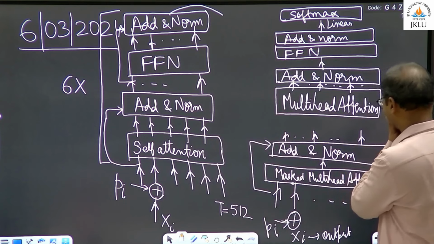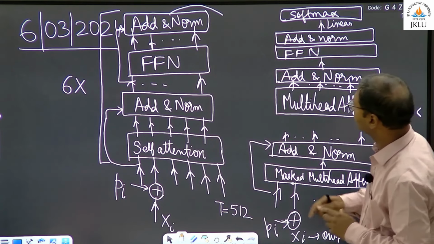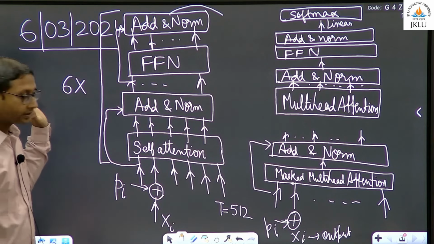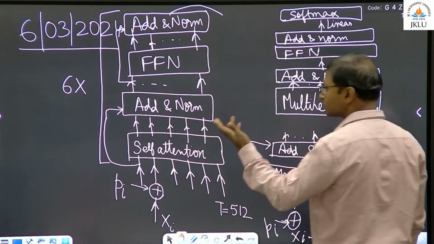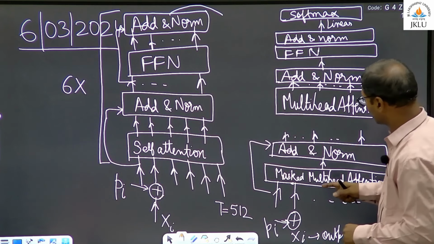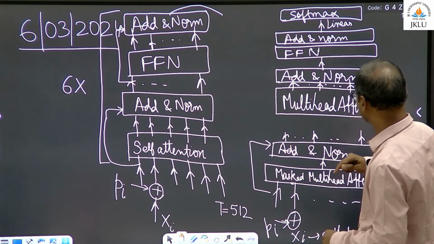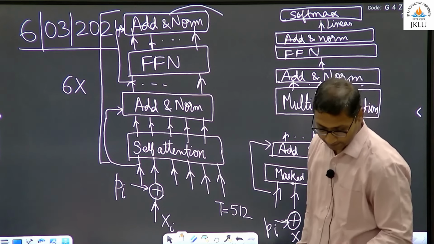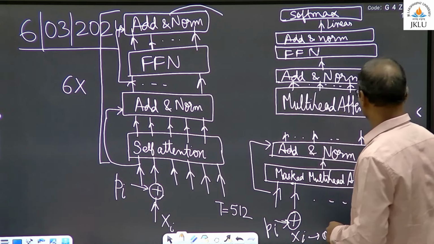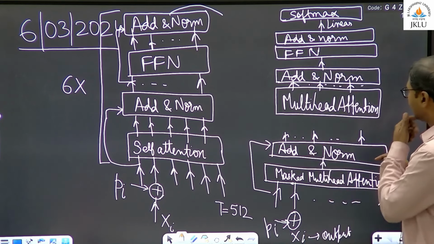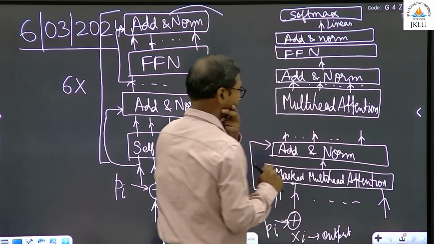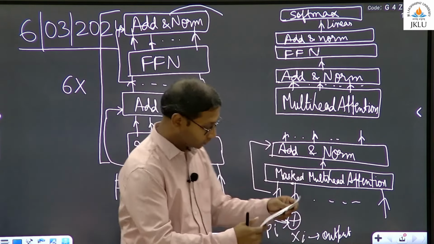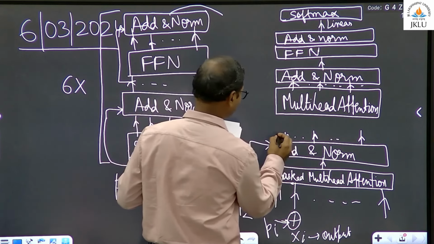So let us try to figure out more connections here. This is one encoder, and there are 6 such encoders. There is nothing special about this 6, you can put more or less. Okay. So add and norm, this is fine. Add and norm, what are we going to add and norm here? What it says is, you have outputs here.